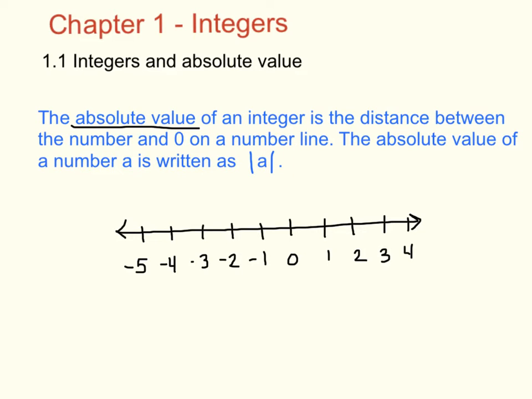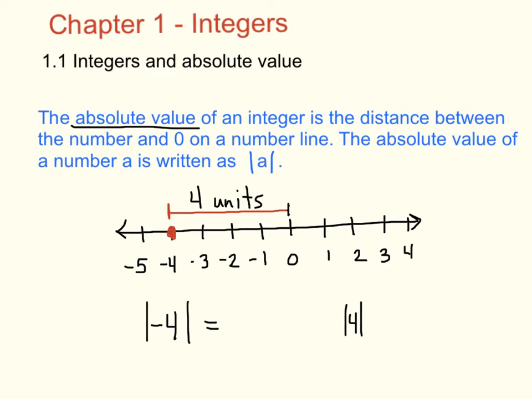Now I have drawn a number line here, and what we are going to do is figure out what the absolute value of -4 is and the absolute value of 4. Now the absolute value of -4 means, if this is -4, what is the distance from there to 0? Well, the distance from -4 to 0 is 4 units.